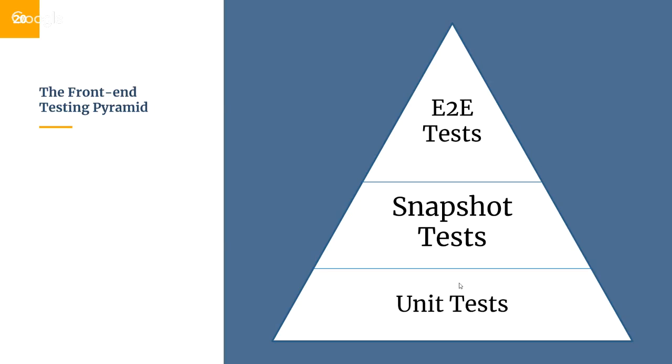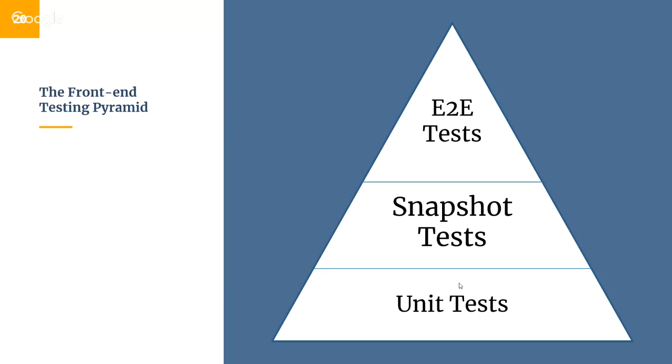We should have unit tests for the smaller, more important units of our code. These should test very important functions that the whole application functionality depends on. We should also test the more important processes in our app with some kind of snapshot tests.